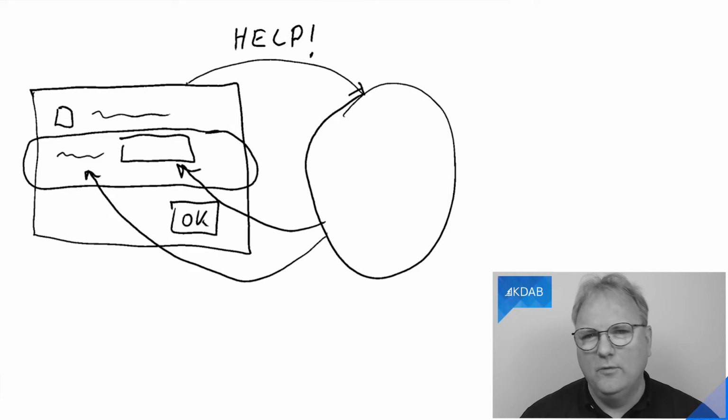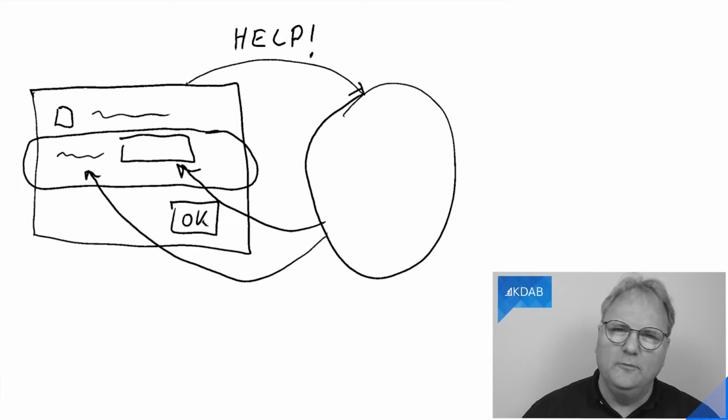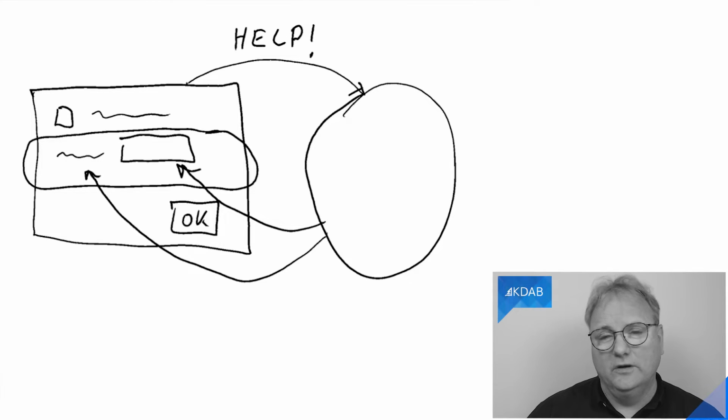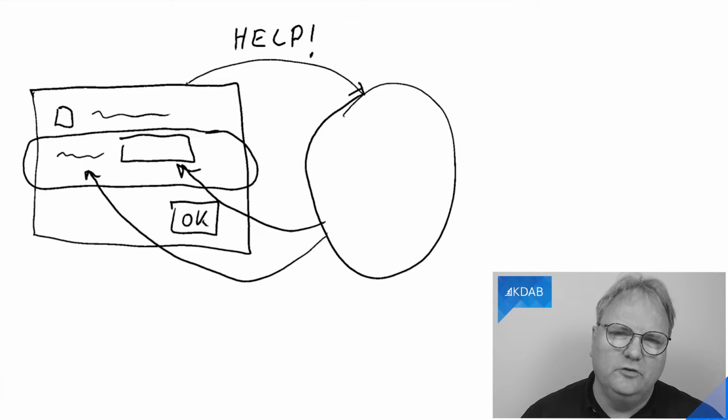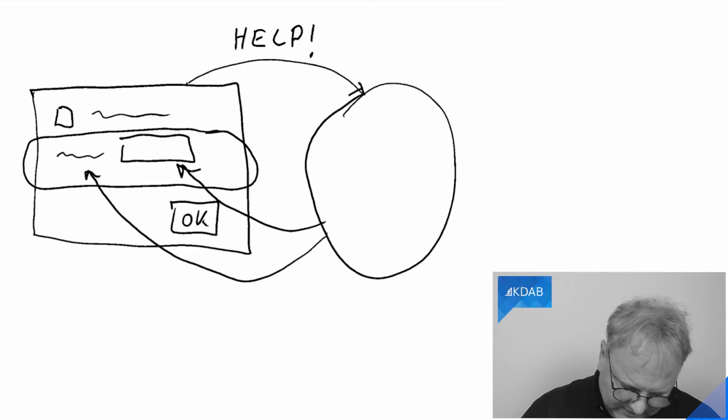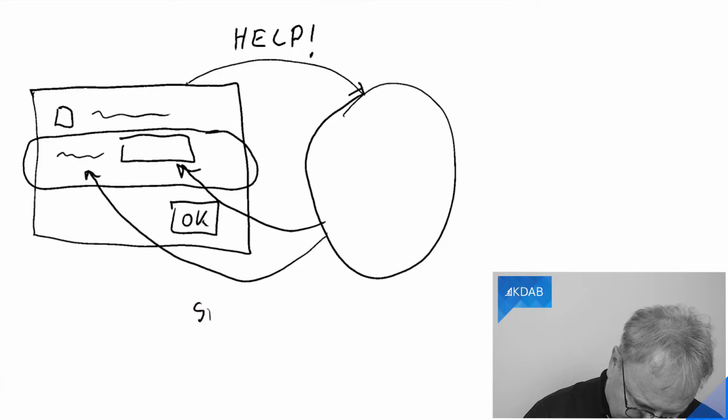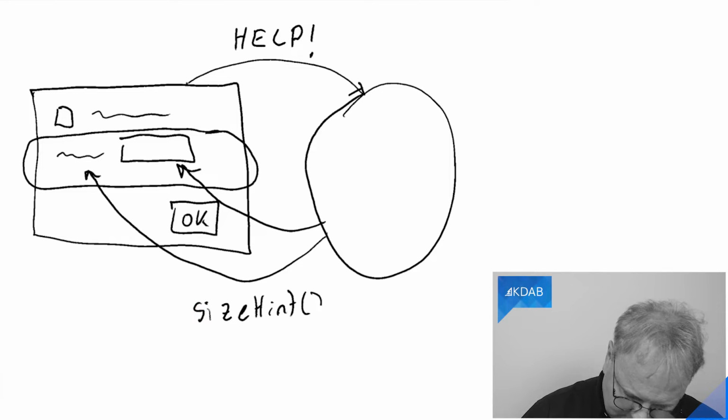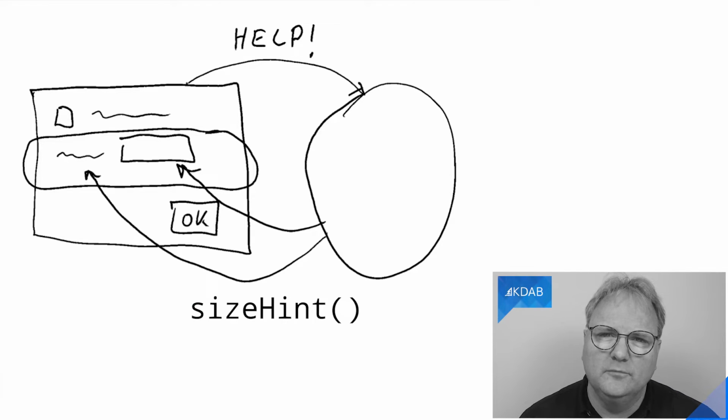And the label would say, well, give me 300 pixels. That would be awesome, because then I can show everything that needs to be shown here. And the line edit will say, well, in a perfect world, give me 400 pixels. Then there's enough text space here to show this. And basically it's calling a method on these that is called sizeHint.